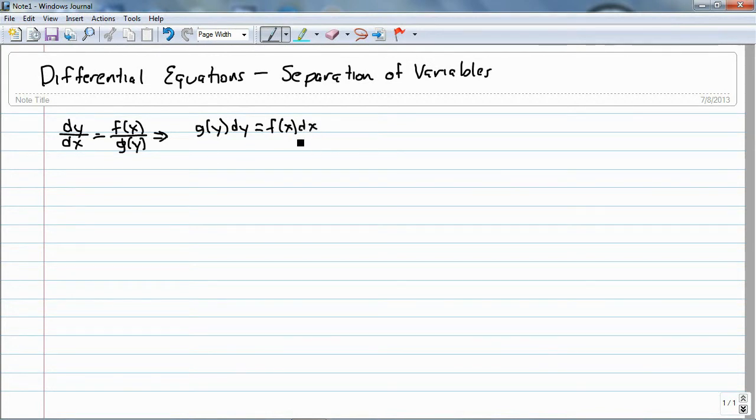It's very important that it comes into this form where all the y's in this case are on one side and all the x's are on the other. Now, if I want to solve this, then I just take the integral of both sides, and I can come up with a solution.